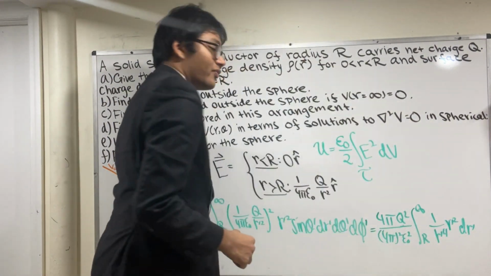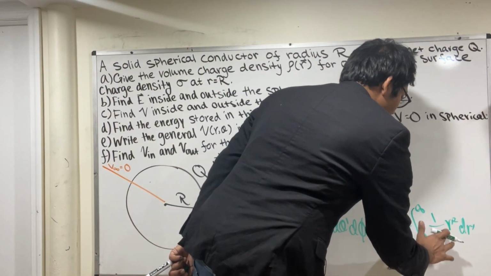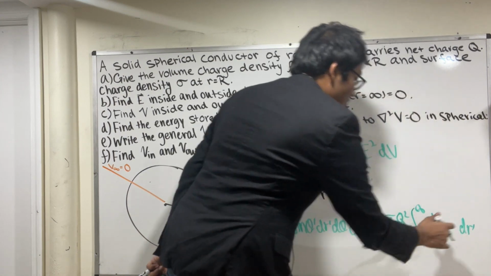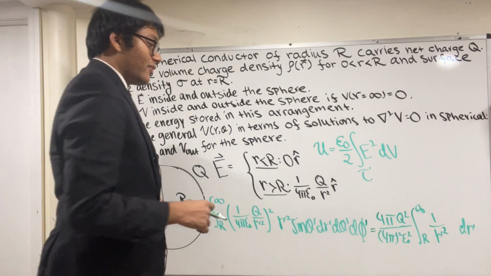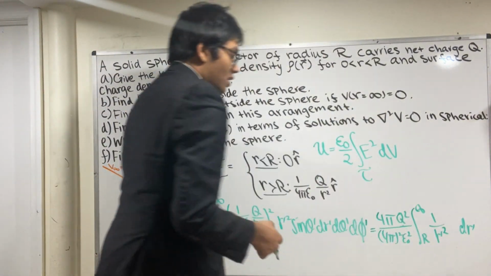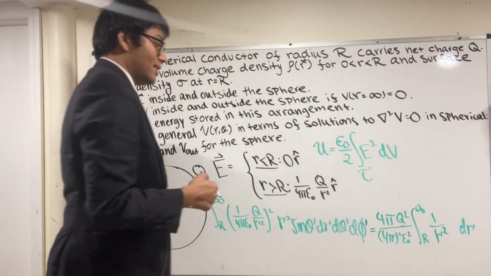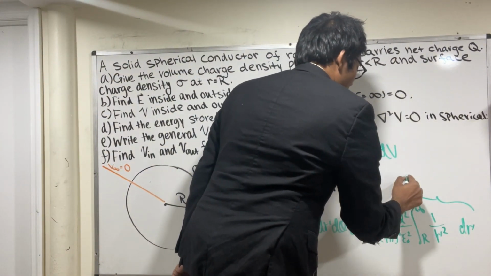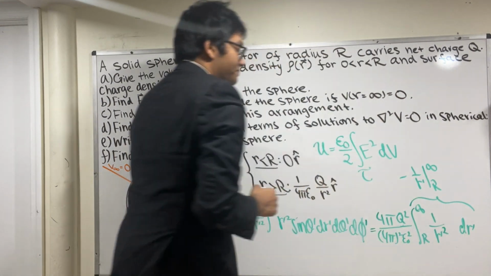Now r prime squared over r prime to the 4th, that's just going to result in r prime squared in the denominator. And I'm going to integrate that from capital R to infinity. Now of course this 1 over r prime squared integrates to negative 1 over r prime. So let me write all of this here.